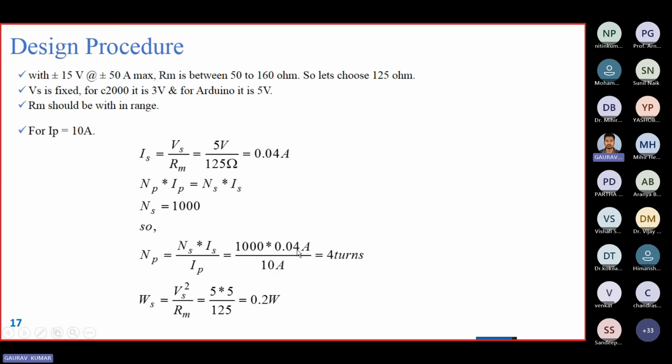So 1000 into 0.04 ampere divided by 10 ampere is equal to 4 turns. So the two things we need for designing the current sensor are the number of turns of wire which we put through the hole of the current sensor, which is 4 turns, and the secondary resistance which we are using, of 125 ohm.